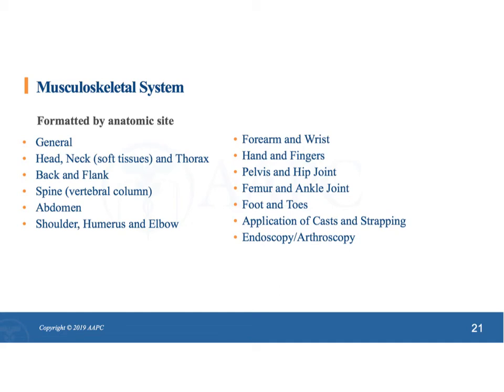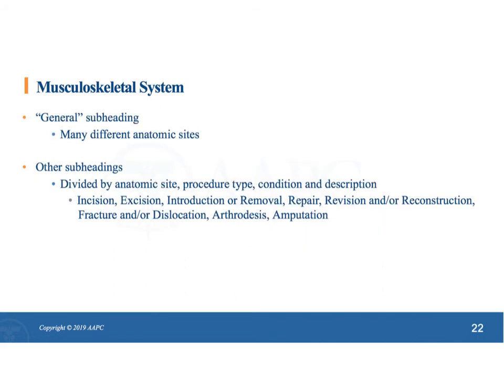As this list demonstrates, the listings are grouped anatomically, beginning superiorly with the head, neck, and thorax. Wound exploration is listed first. This relates to a traumatic event, such as a gunshot or a stab wound. The general subheading is just that, general. It can be used to report various anatomic sites.